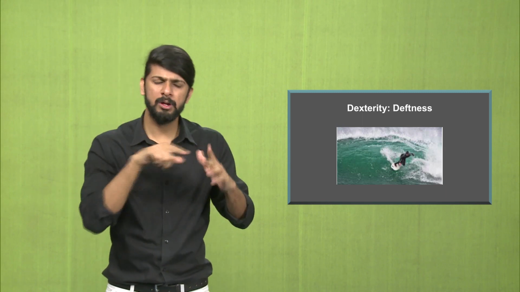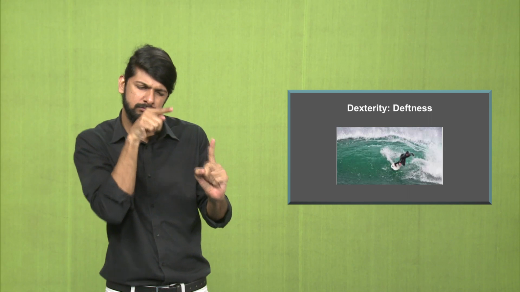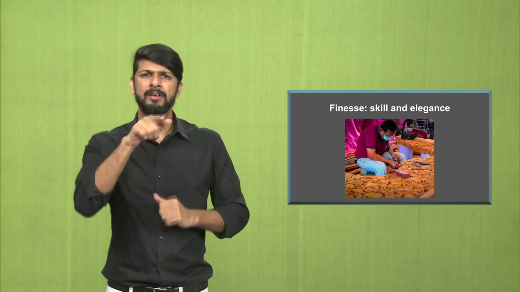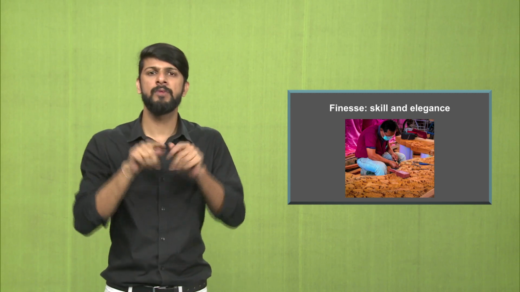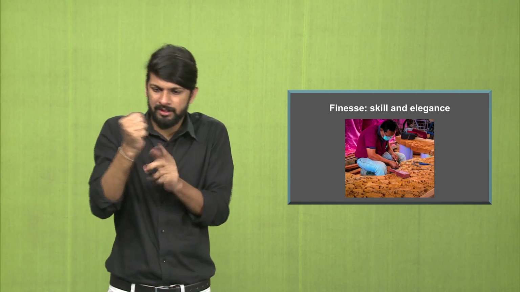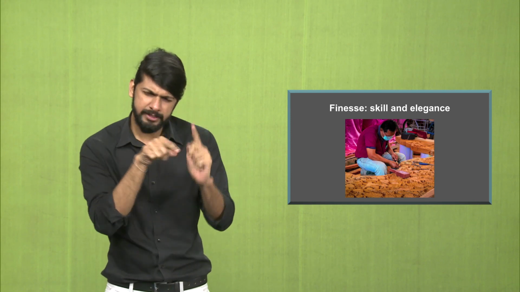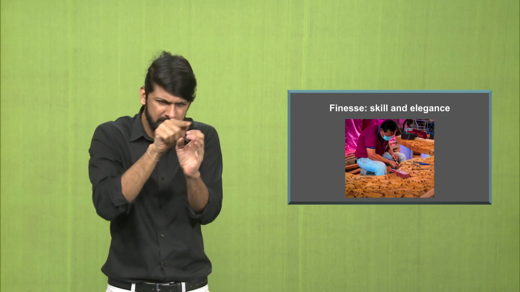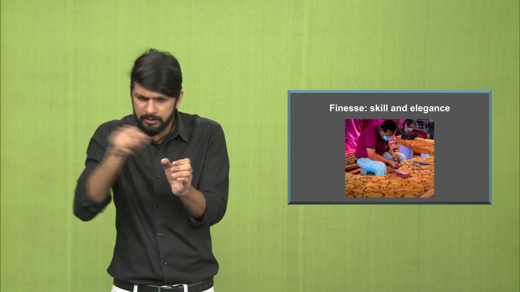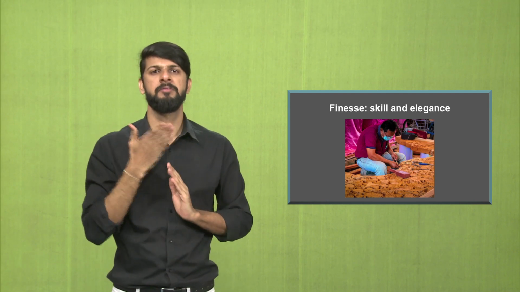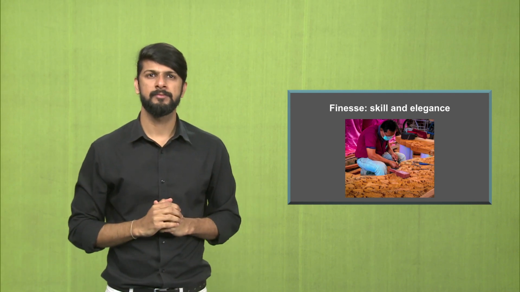Similarly, in painting, artists are masters of depicting their ideas. Finesse is also skill and elegance. When blocks are made, they require a lot of finesse to ensure that the engraving or the mural is skillfully, correctly made and elegant.